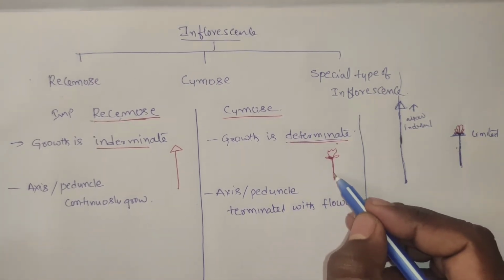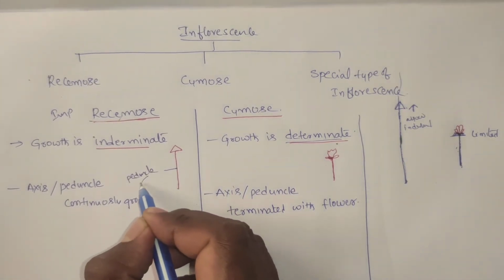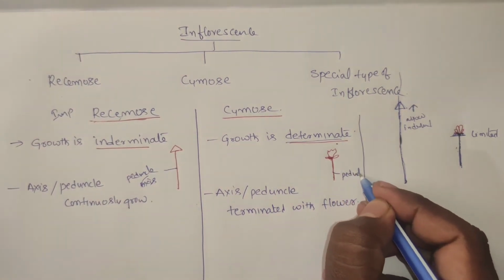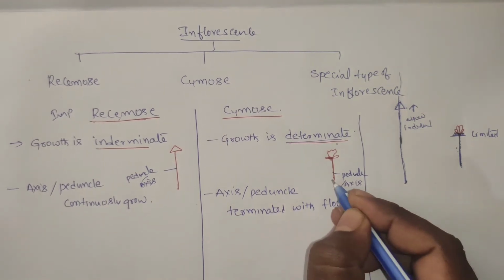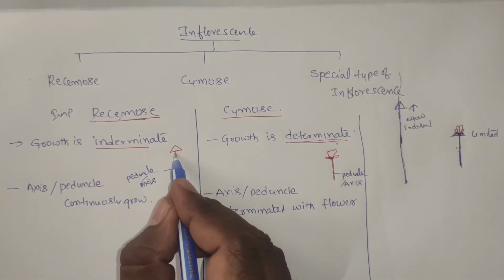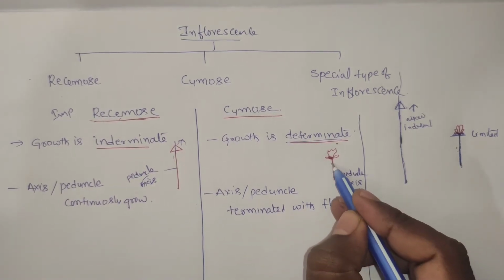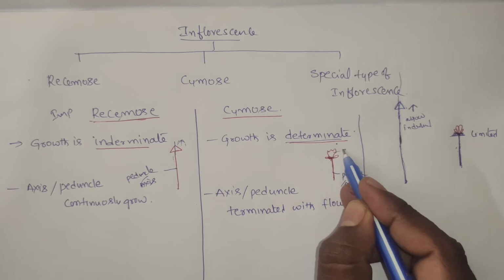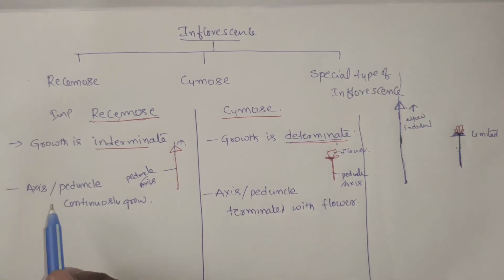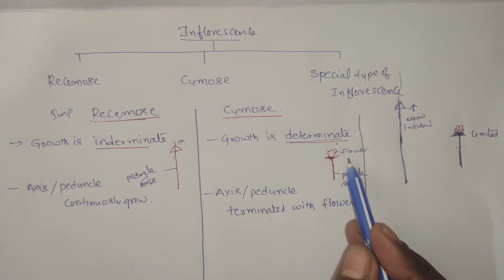Look here. This we can call the peduncle, or we can call it the axis. And this too is the axis or peduncle. The axis or peduncle continuously grows, that means the axis growth is continuous, and in the other the peduncle growth is terminated with the formation of the flower. So one more difference between racemose and cymose is that the axis or peduncle continuously grows in one, and in the other the axis or peduncle is terminated with the flower.